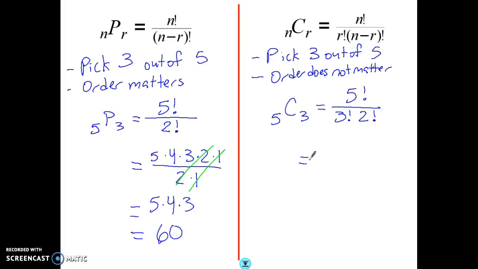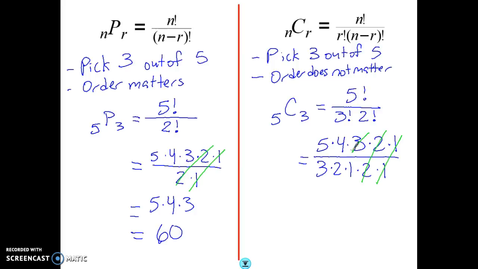So we can go ahead and do that math out. This one comes out to 5 times 4 times 3 times 2 times 1 again on the top. And on the bottom, we have 3 times 2 times 1, that's 3 factorial. And we also have times 2 times 1, that's 2 factorial. So again, we can see 1 over 1 cancels out, 2 over 2 cancels out.